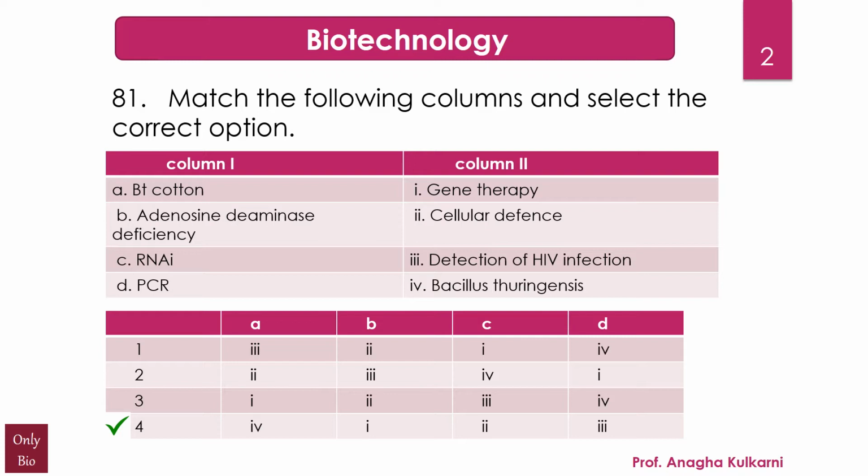The enzyme adenosine deaminase is encoded by the ADA gene on chromosome number 20, and ADA deficiency is inherited in an autosomal recessive manner. This means the defective gene responsible for the disorder is located on an autosome, that is chromosome number 20.